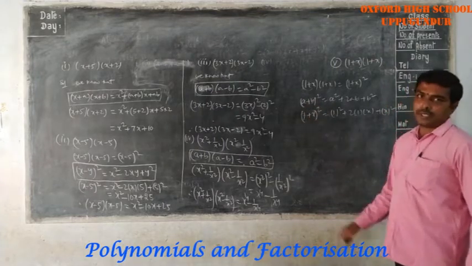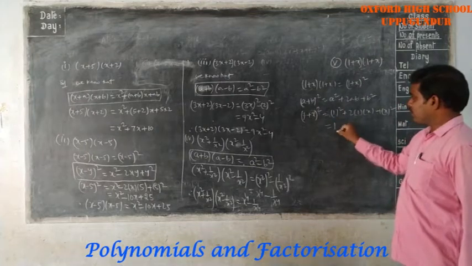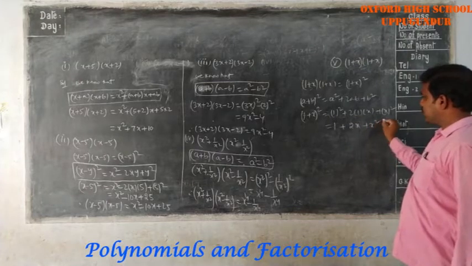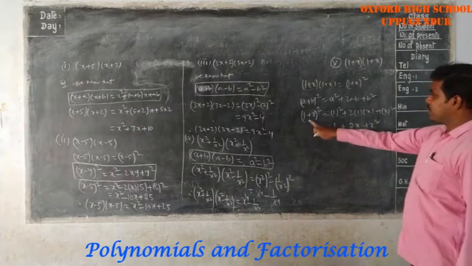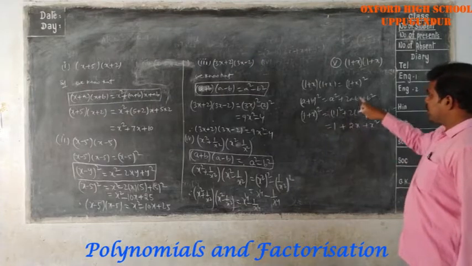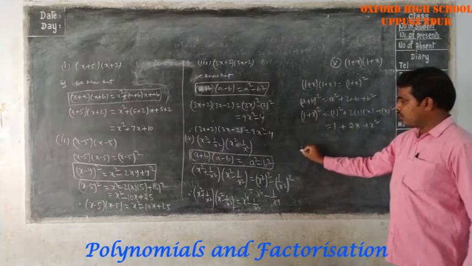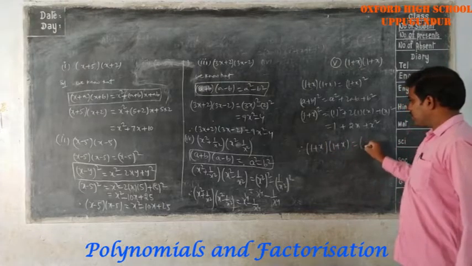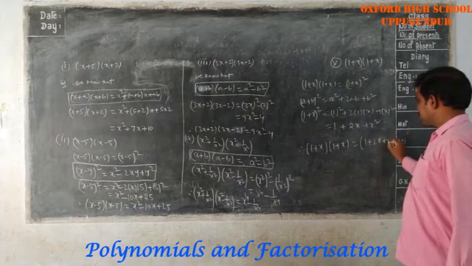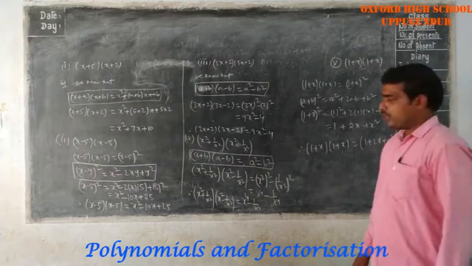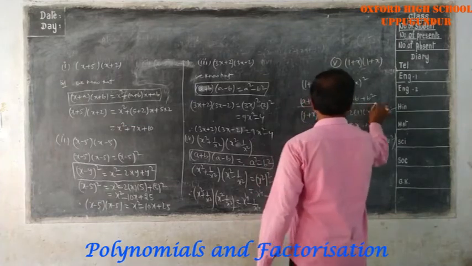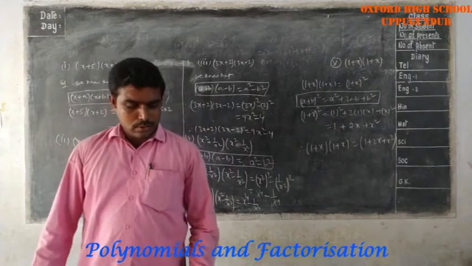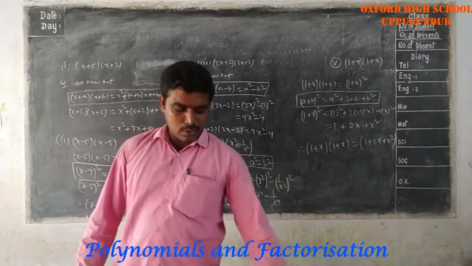In place of b, substitute x. Now 1 square is 1, plus 2 into 1 into x, 2x, plus x square. So this is the expansion of (1 plus x) whole square. Therefore (1 plus x) of (1 plus x) equals 1 plus 2x plus x square. In this way, we can do this problem by using this algebraic identity. So in this way, we can complete the first one.